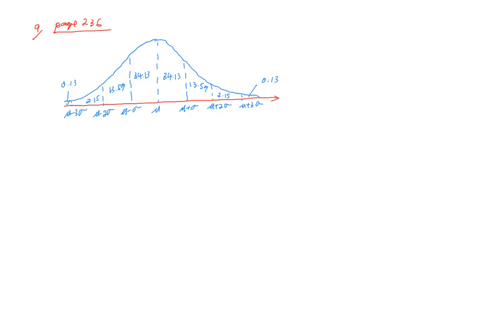Okay. I purposely draw this. The reason is because the question said the weight of Jason's orange is normally distributed. So the weight is normally distributed. I don't know the mean. I don't know the standard deviation.